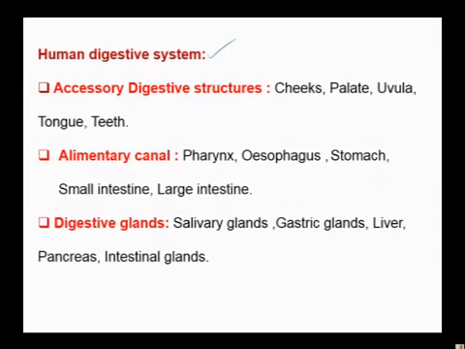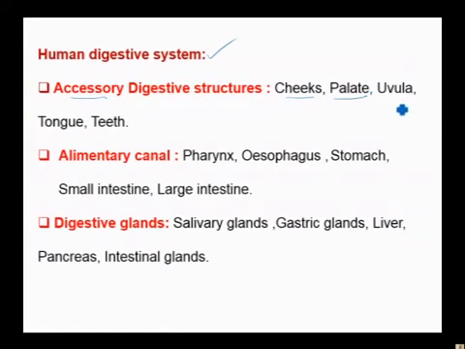Let us start up with the human digestive system. For our convenient studies, we bifurcate this into accessory digestive structures, alimentary canal and then digestive glands. Accessory, they are not directly involved in digestion, but rather they help in digestion. Cheek forms the boundary of a buccal cavity.